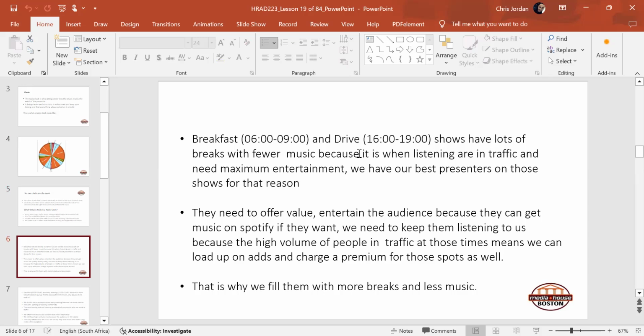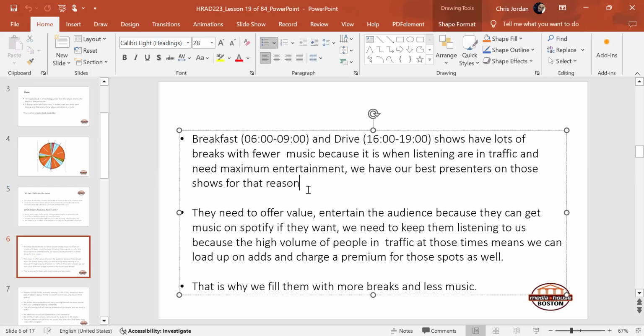These two shows have lots of breaks with fewer music sweeps, because it's when the listener is in traffic and needs maximum entertainment. So we have our best presenters on those shows for that particular reason, because there's a lot of control, a lot of experience, and again, kind of that octopus effect that I was telling you about.